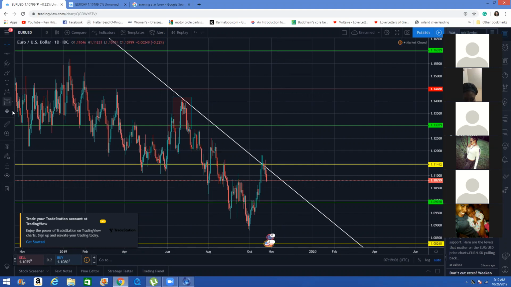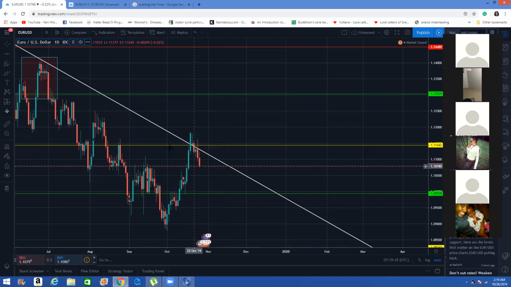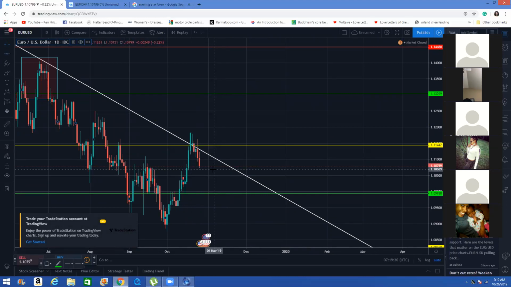So with that being said, that's how you start finding your trades. You usually only want to trade off support and resistance because this right here could be a support line, because if you look over here, price bounced off of the same point previously.